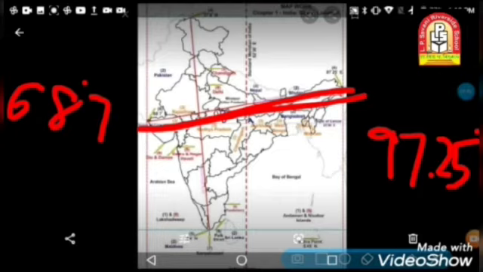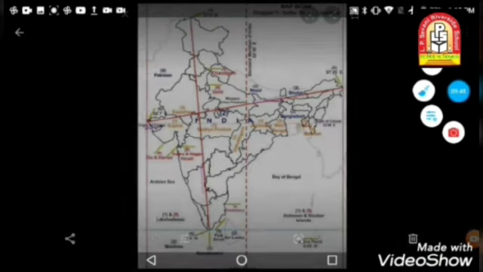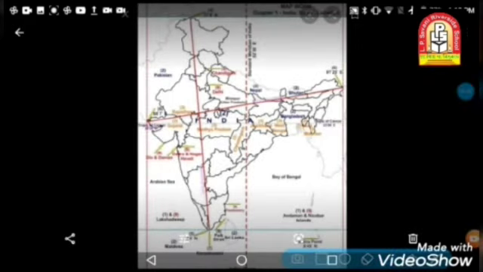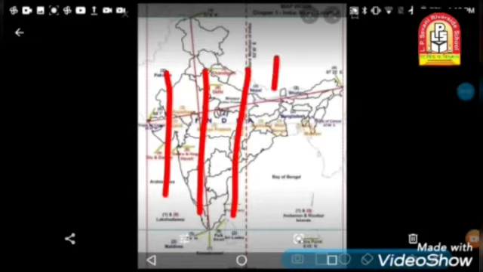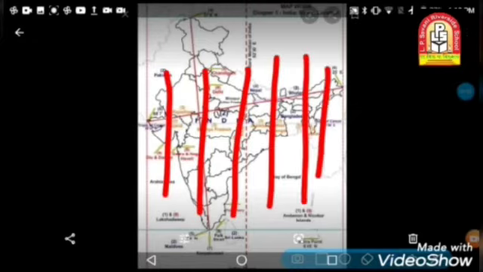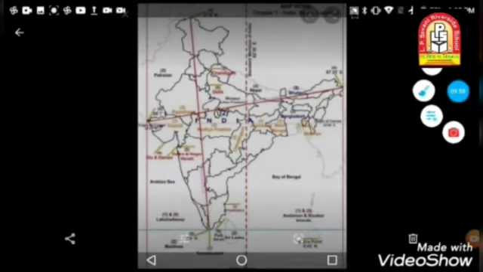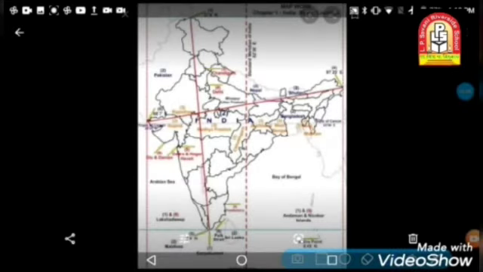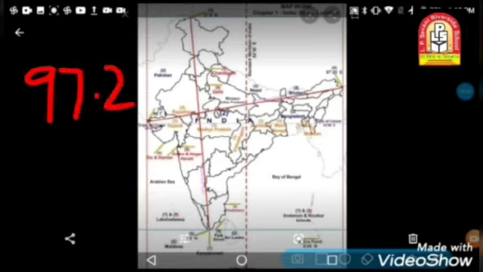So how will we calculate how many longitudes will come in our India? We'll subtract 97.25 minus 68, right?